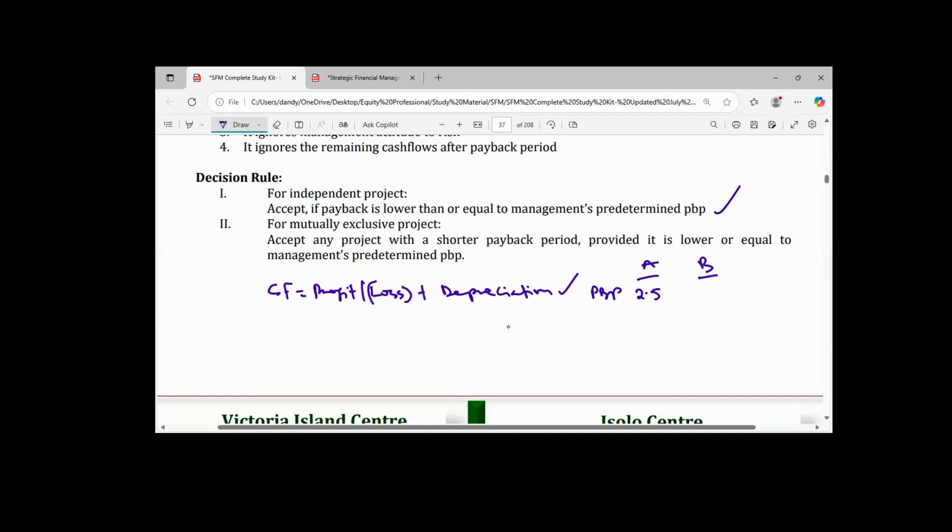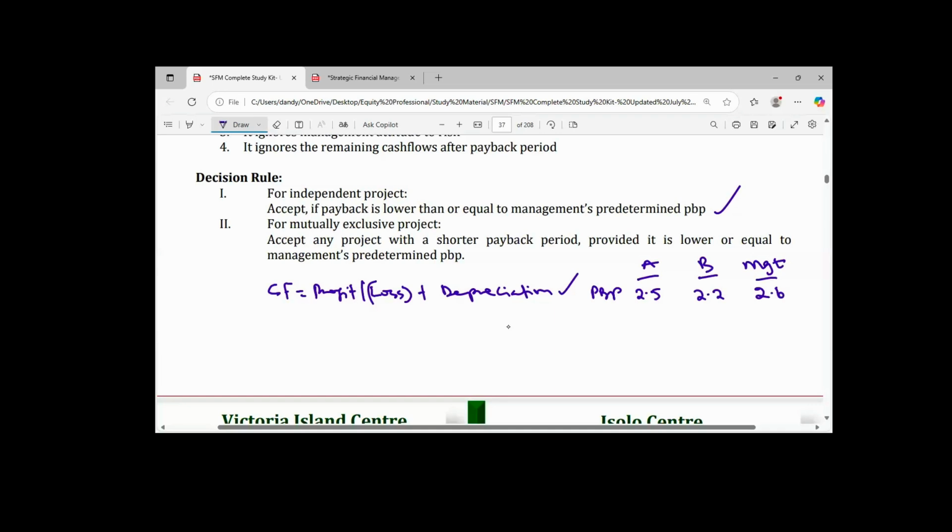Project B is 2.2 years. Then the management targeted payback is 2.6. You will notice that both the payback periods are shorter than the management predetermined payback period of 2.6.